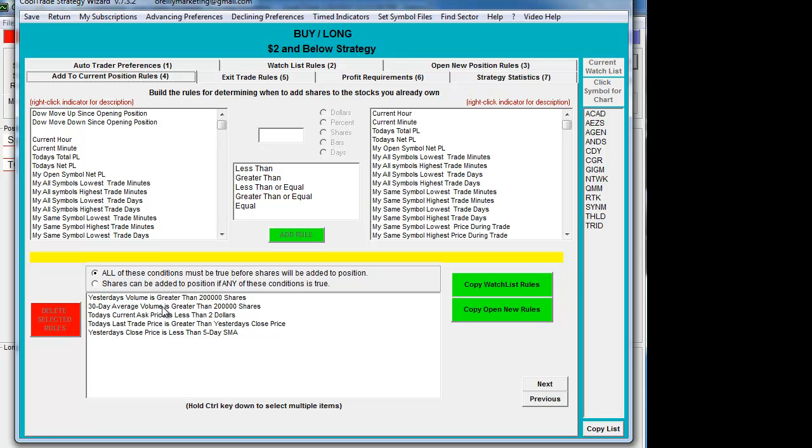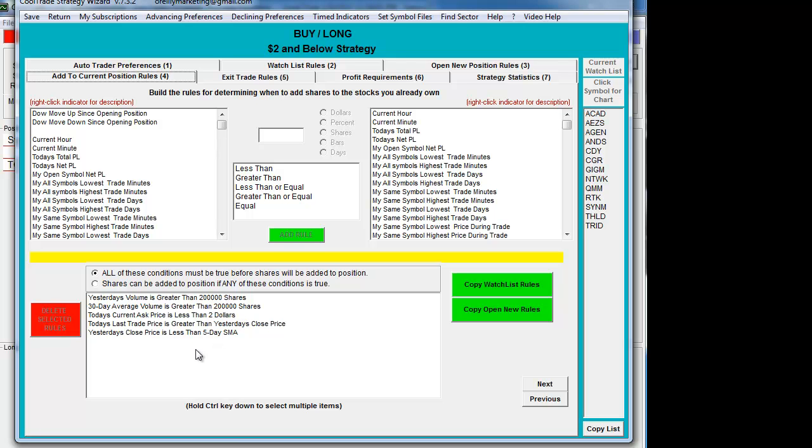Here are the rules to add shares, and it's just the same rules for the most part, except the current price being greater than $1 is not included, because if you bought a stock that, say, was between 1 and 2 at the time, but it started out like $1.10 and it dropped below $1, you still want to be able to add to that.